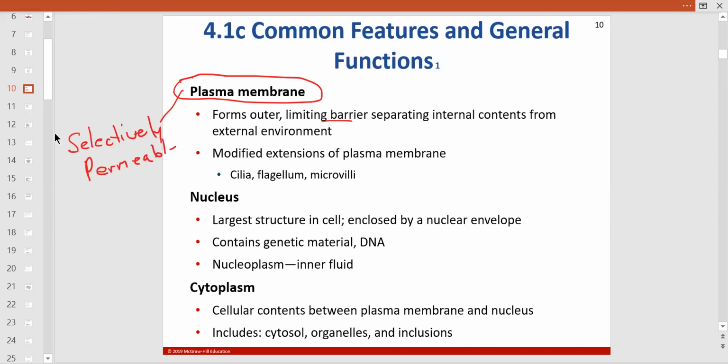Some books say semi-permeable, but I like selectively permeable. Permeable means things going in and out, like a screen or a sieve or a filter. So permeate means going through something. So selective means what is it going to allow to go in or out, right?